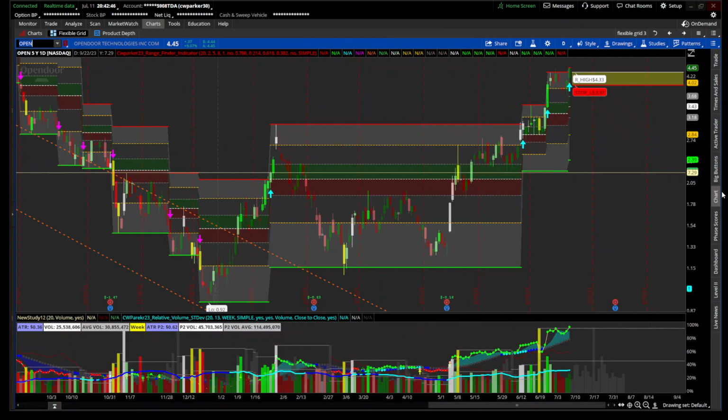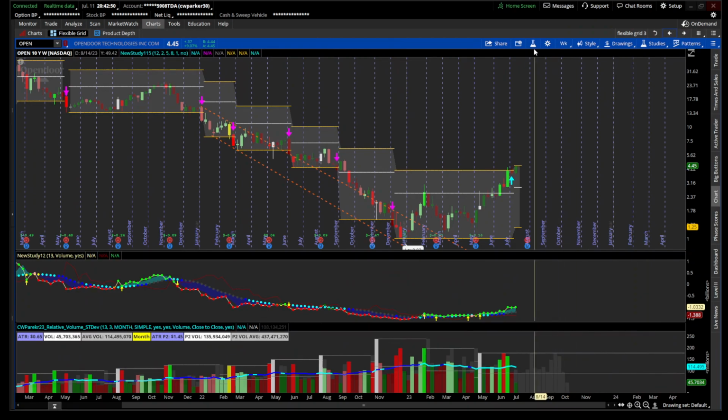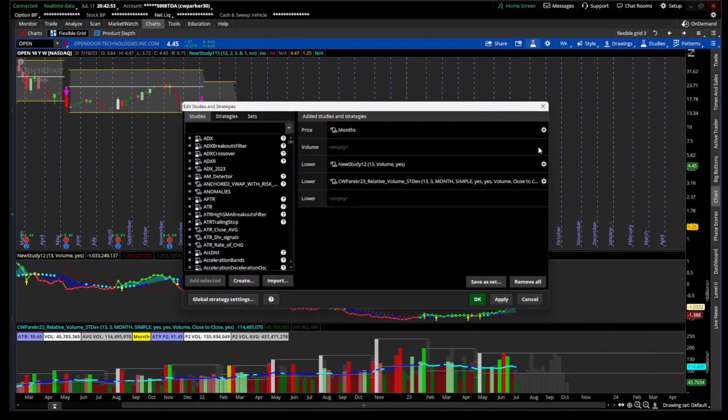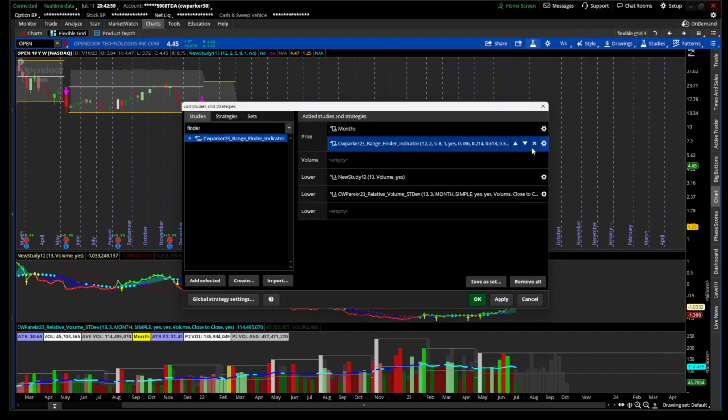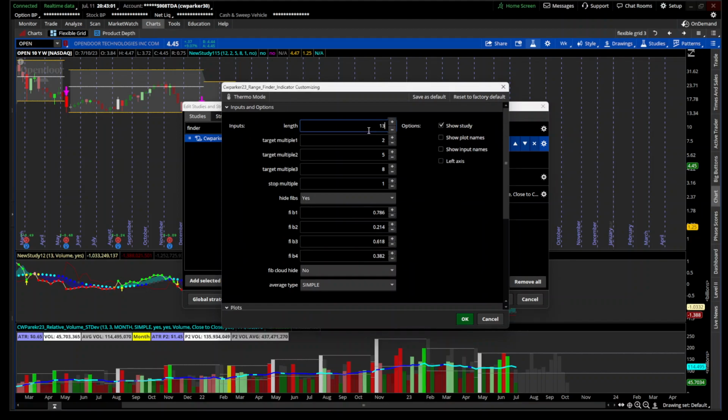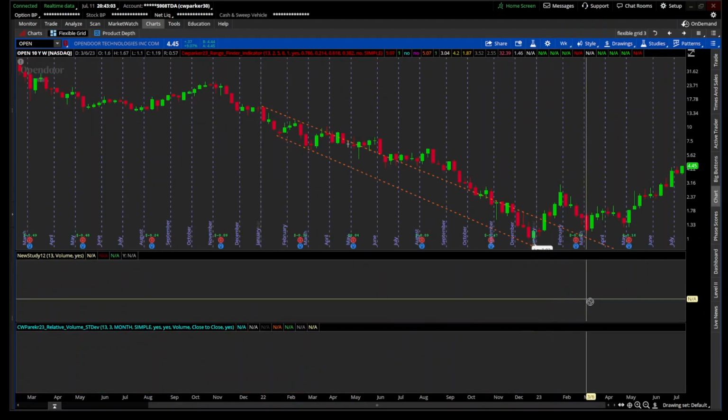And this is what OPEN looks like on the daily, and I believe I did this for the weekly as well. I need to get rid of that one. I'm going to set this to 13 so we can get an idea of what's happening on the daily and the weekly.